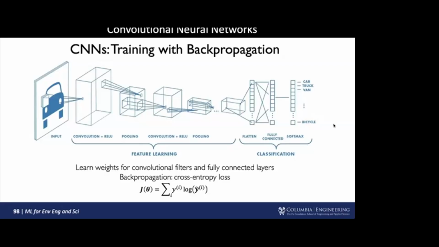That's still the same, using backpropagation to minimize the loss function. Using these gradients, we update the weights to reduce the loss. This process repeats over many images until the network learns good features and accurate classifiers, more or less the same as artificial neural networks.